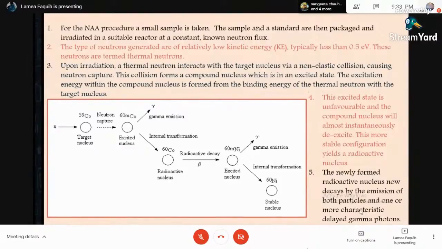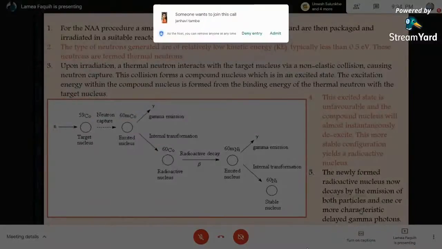So what happens is that the compound nucleus which is formed excites itself and reaches an excitation state. This excitation energy is due to the binding energy of the thermal neutron and the target nucleus, because of that bombardment, as a result of which they are getting excited.